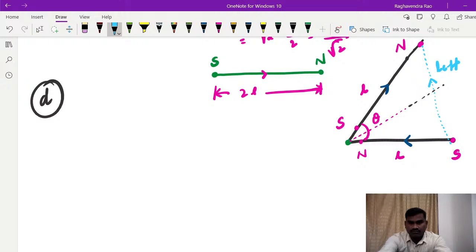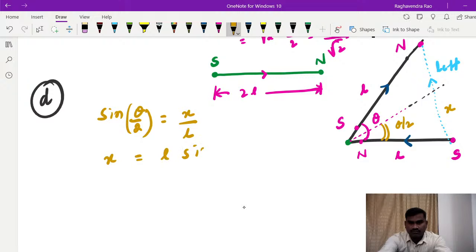To calculate this, we take this angle as theta by 2. If this is some x, then sine theta by 2 is equal to opposite x by hypotenuse L. Now we can take x is equal to L sine theta by 2.